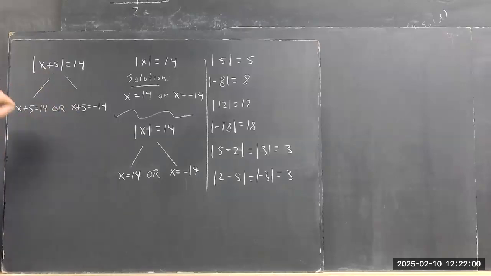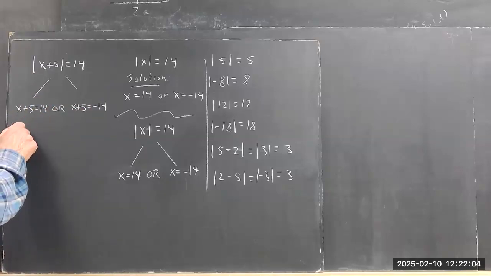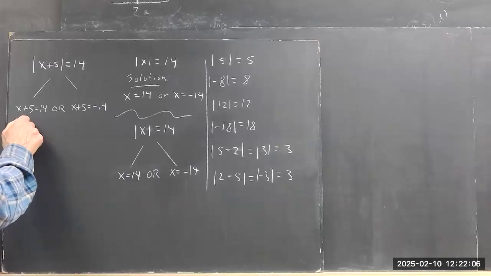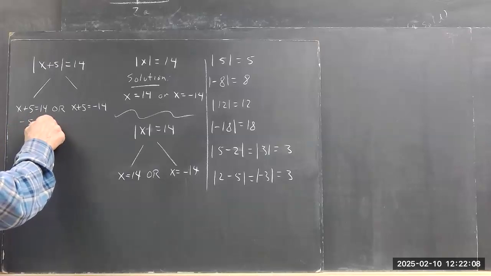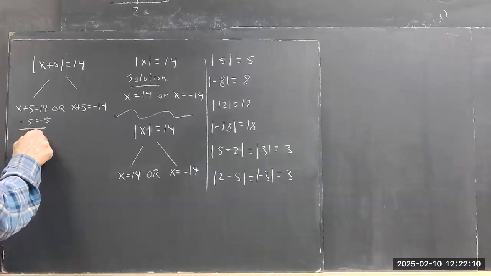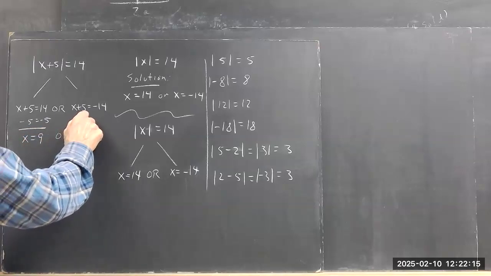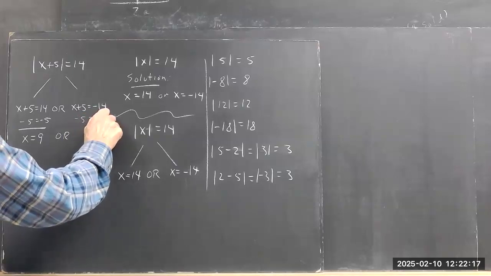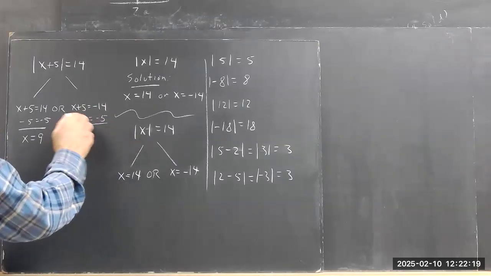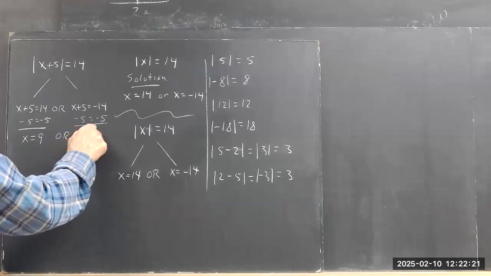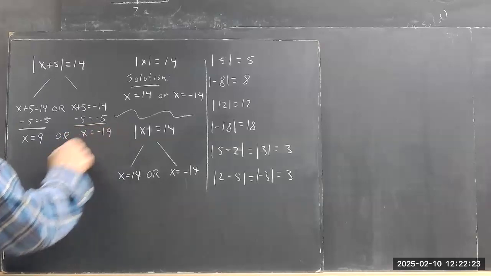This equation breaks into 2 equations, which are now easy to solve. So we can add -5 to both sides and get x equals 9. Or we could add -5 to both sides of the other equation and get x equals -19.